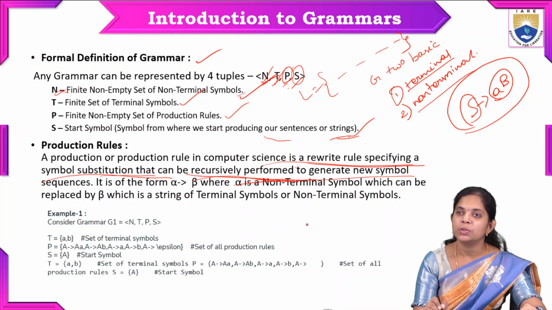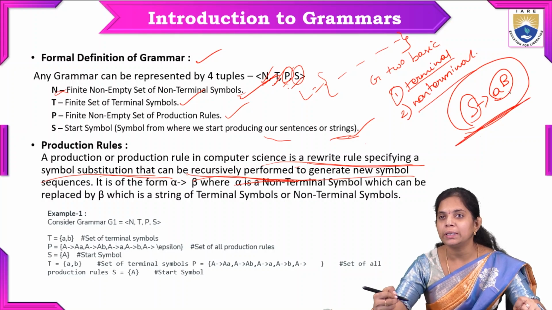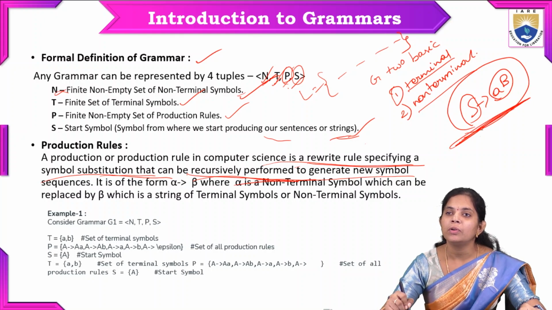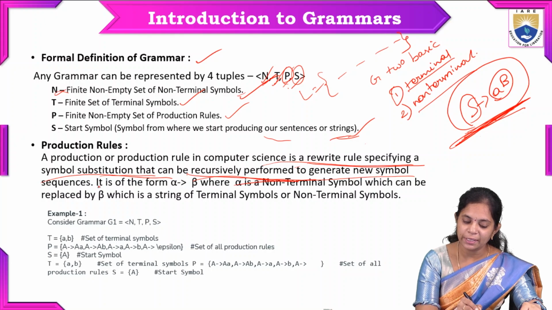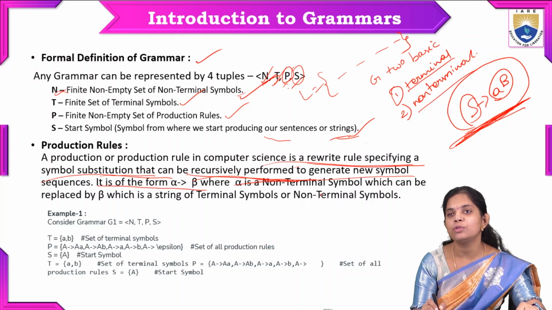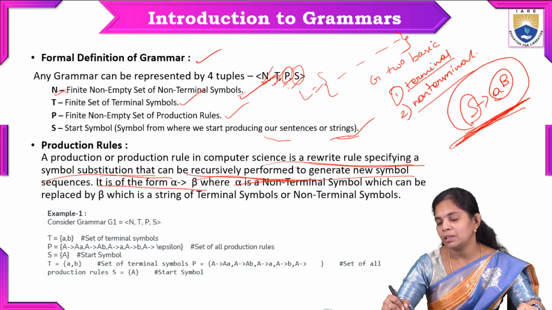Using a production rule, we can substitute the values in the strings, and it is of the form alpha tends to beta, with a left-hand side and a right-hand side.